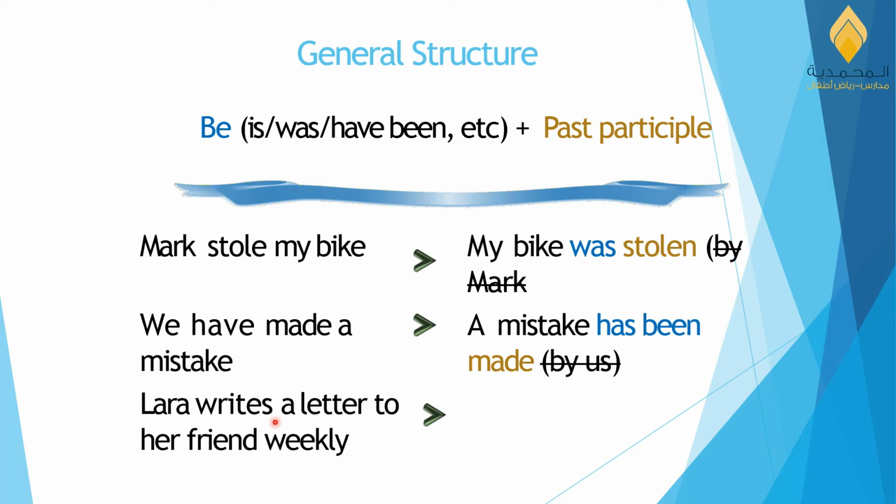Let's see, did you guess correctly? A letter is written weekly by Lara. We said this is the present simple, so I will take this verb and change it into verb 3, and before it I put the appropriate form of the verb to be, that in this case is the present simple form. This is.